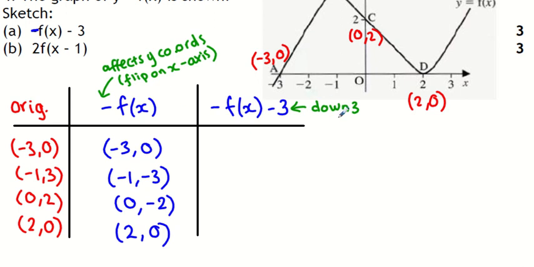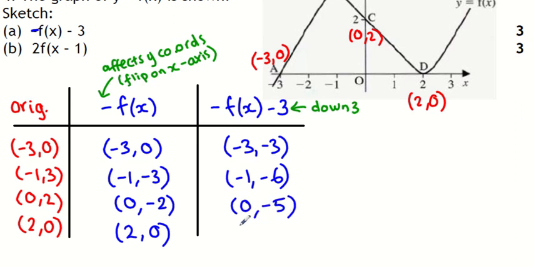Then we are going to move the graph down 3, so it's the y coordinates that are affected again, because you're moving down 3, so y is going to be your up and down. So negative 3, negative 3, negative 1, negative 6, 0, negative 5, and 2, negative 3.